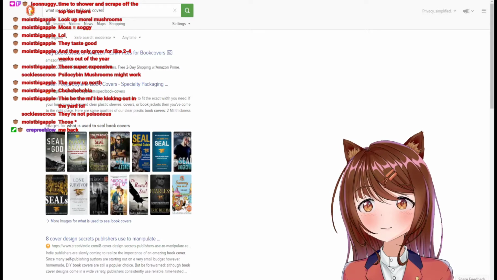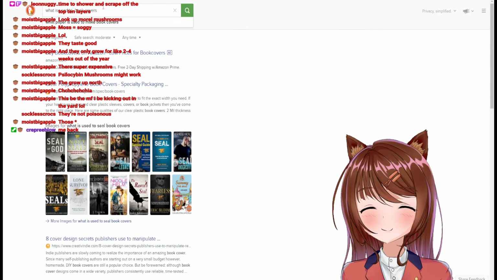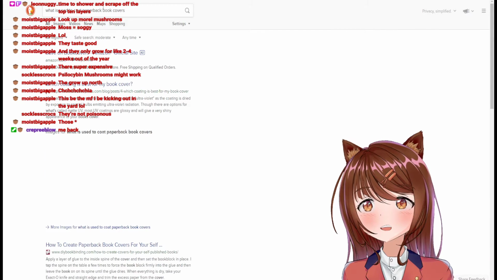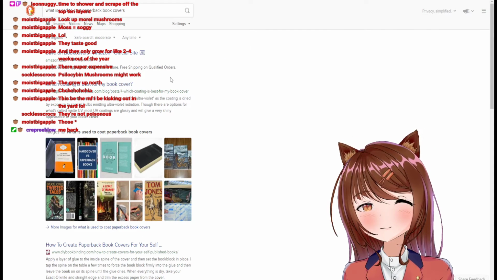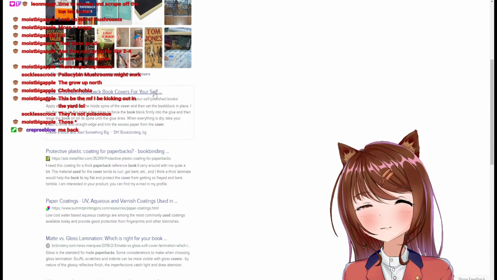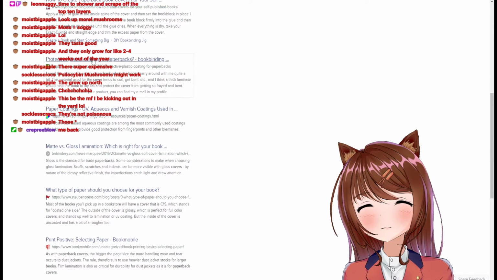What is used to coat paperback book covers? Glue? Protective plastic coating.